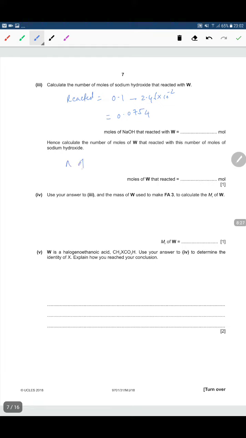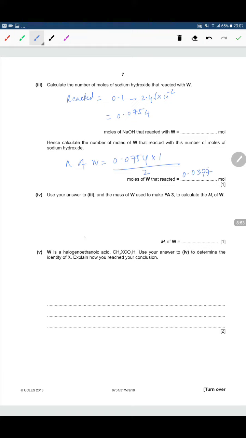Number of moles of W equals 0.0754 multiplied by 1/2, because 2 moles of sodium hydroxide reacted with 1 mole of W, and that gives us, if I'm not mistaken again in my calculation, 0.0377 mole.